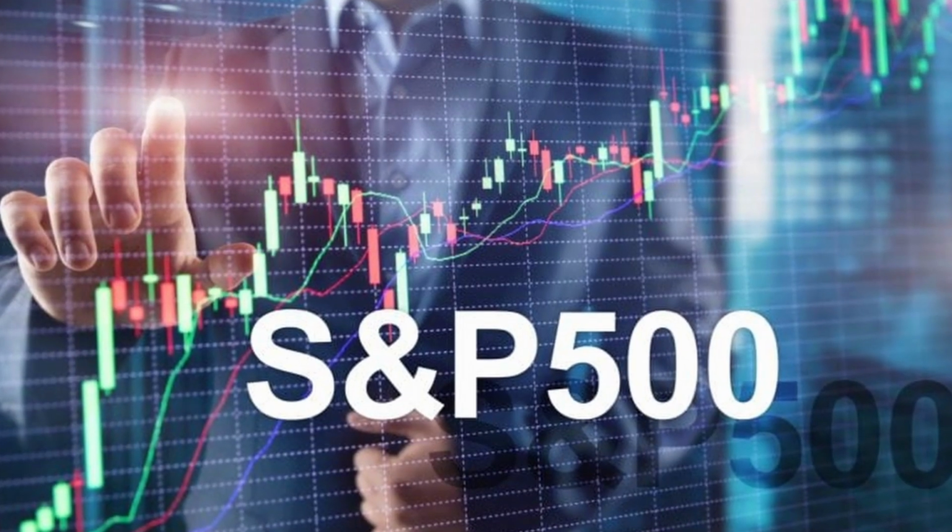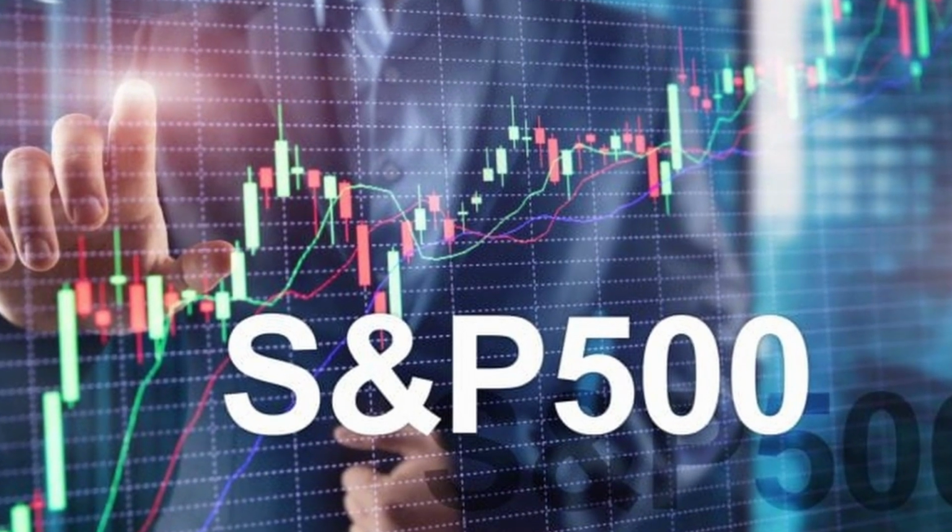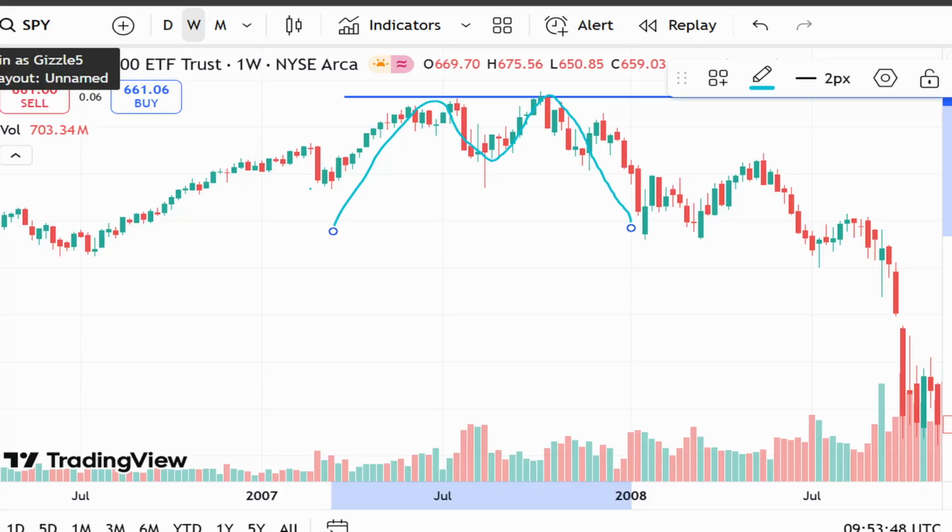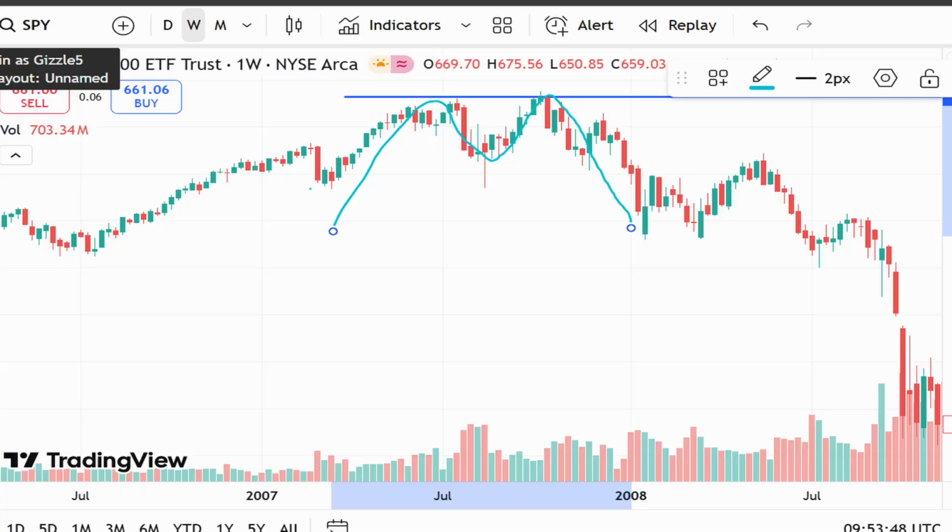So we shall take a look at the S&P 500 from 2007 to 2008 when the market was at its peak. On the chart, you can see the pattern that was formed, like an M pattern, or you can call it a head and shoulder pattern. You can see how I drew it on the chart. This pattern describes a situation whereby people are very complacent.